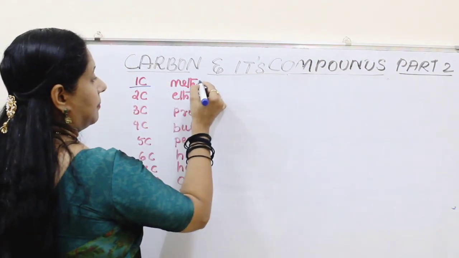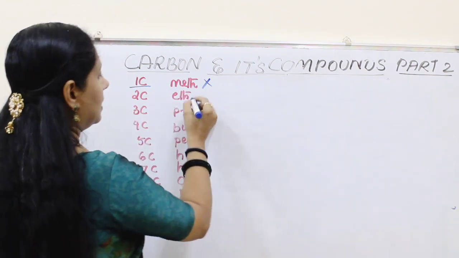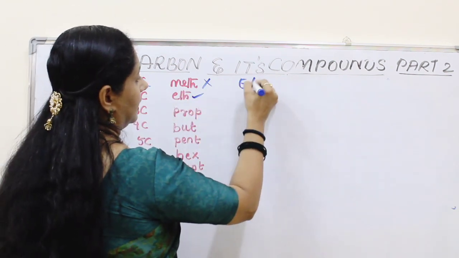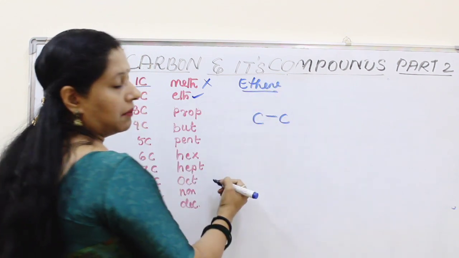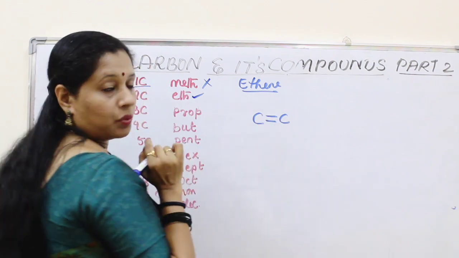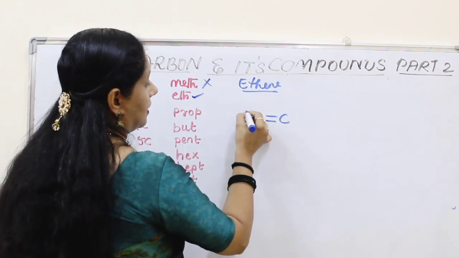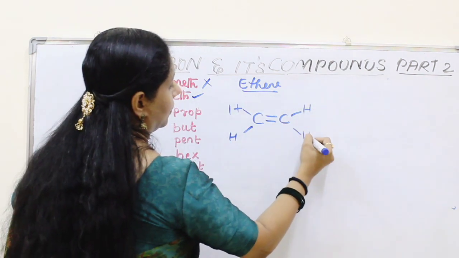So first methane, we cannot write methane because there is only one carbon. Ethene we can draw. How many carbon atoms are there? 1 and 2. But we need a double bond. So already 2 satisfied. So the rest, 2 more hydrogens, we have to draw.